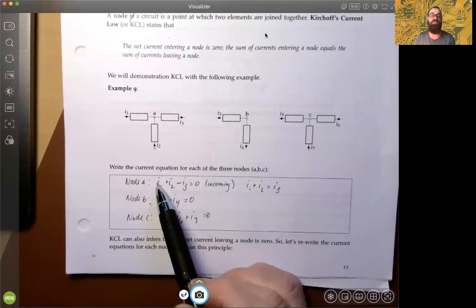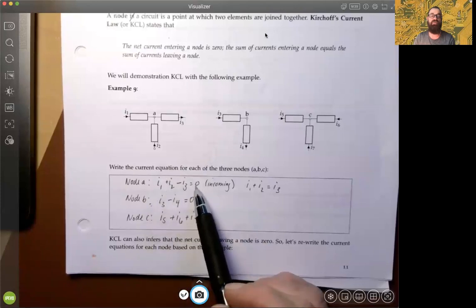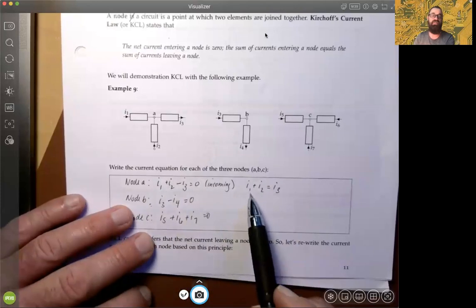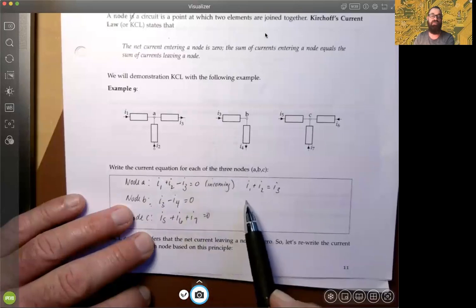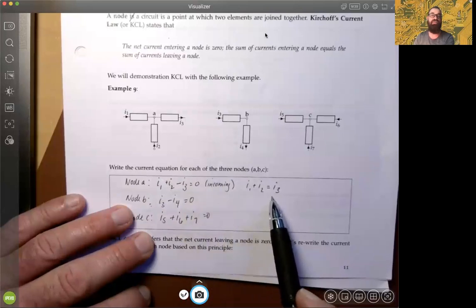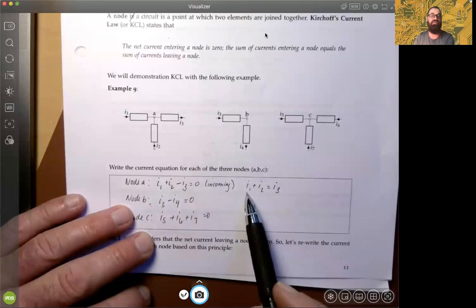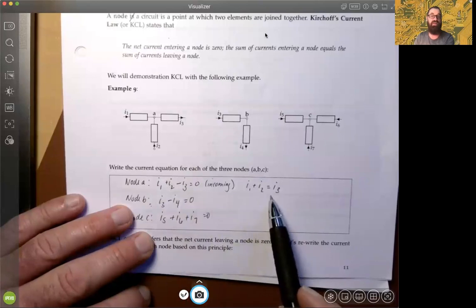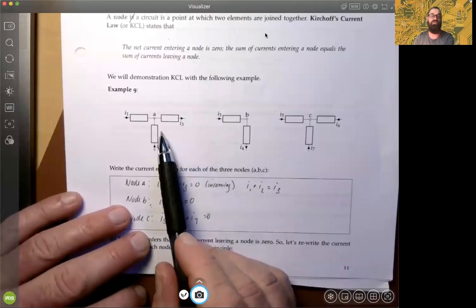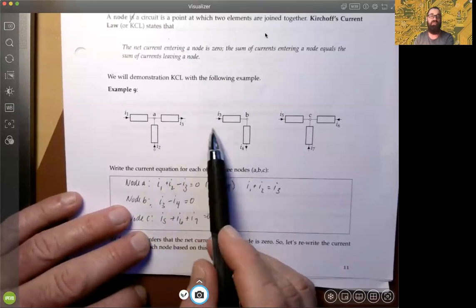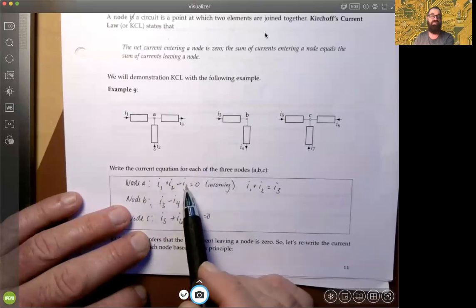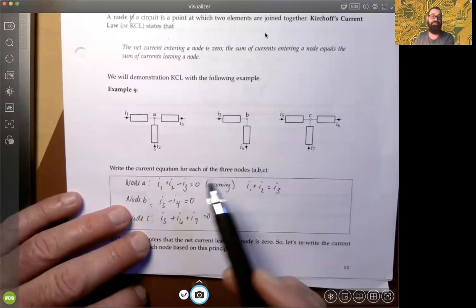So I1 plus I2 minus I3 equals 0. Another way of seeing this is that the incoming currents are I1 and I2, and I3 is outgoing, so the sum of the incoming equals the sum of the outgoing. If you're summing up all the incomings and you have an outgoing current, just switch its sign.